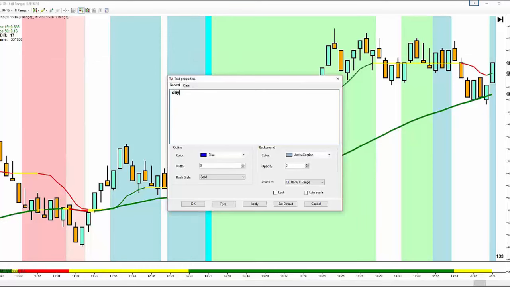If you day trade stocks or options, your time frame is short. If you swing trade stocks or options, your time frame is going to be longer. It's going to be intermediate.